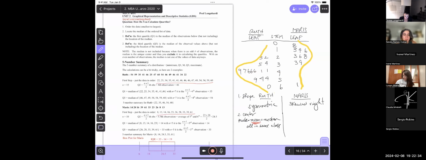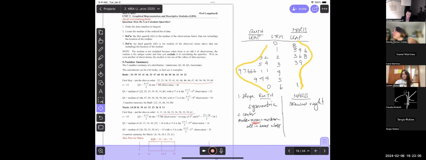For Maris, what is the center? It's right skewed, so what do we use as a center? We cannot use the mean because the mean is distorted by the value out here. When data are skewed, we don't use the mode either, because the mode will be in here somewhere, because there are two peaks beside each other.